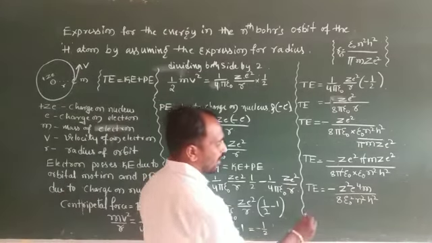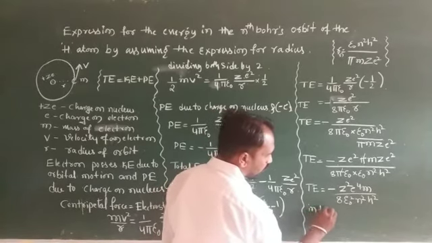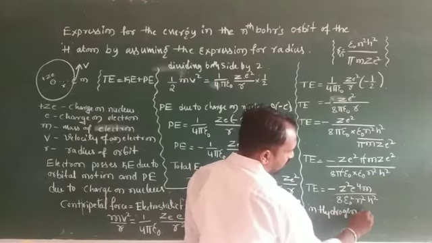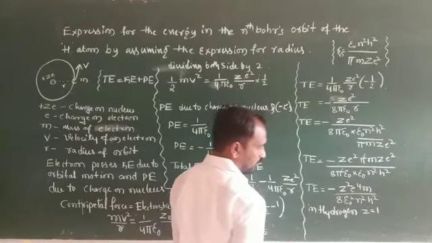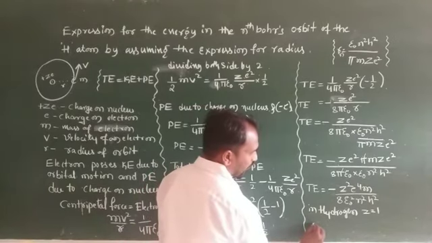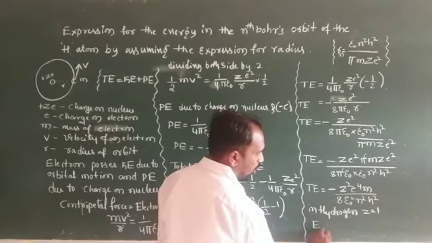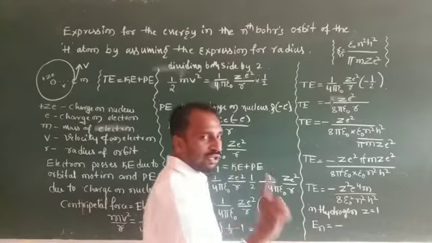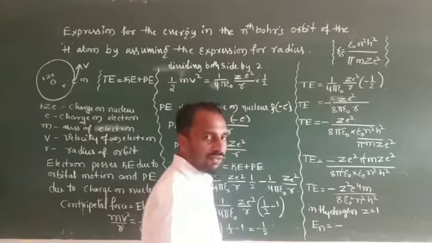In hydrogen atom, Z is equal to 1. So the energy of the nth orbit is equal to minus, the Z value is 1, it means 1 square is 1.